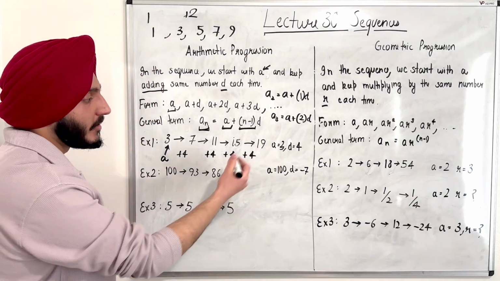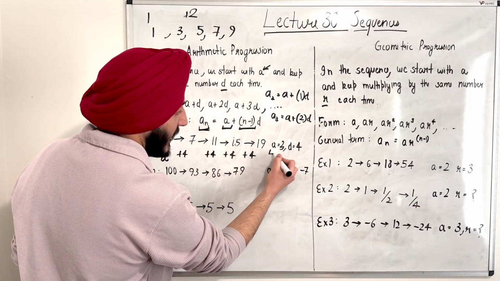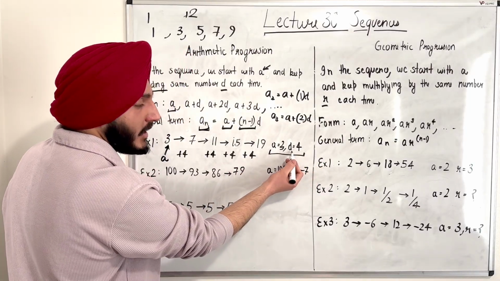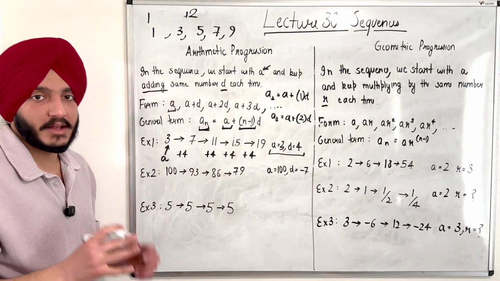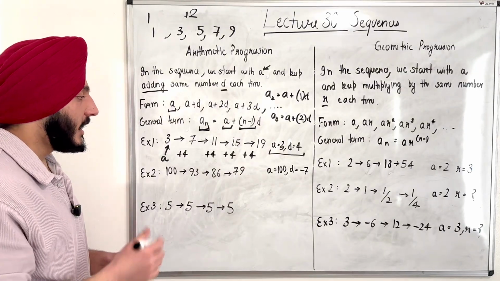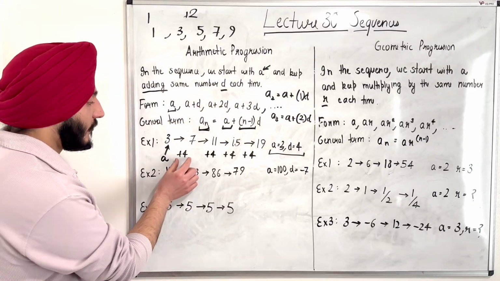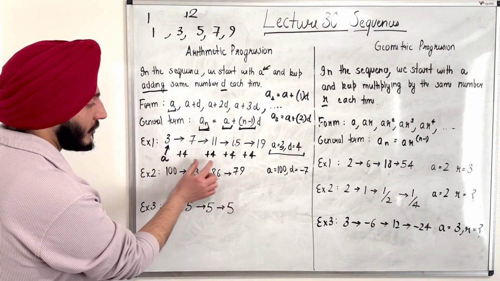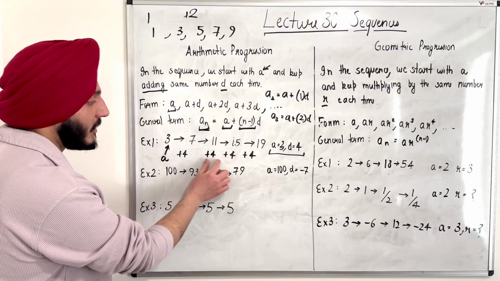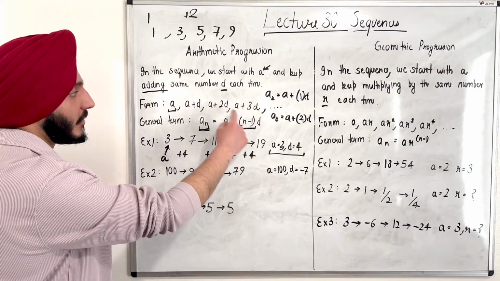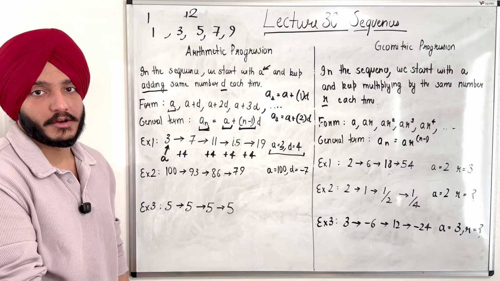So in this case, our a would be 3 and the value of d would be 4. This is very simple to understand. In each single case, we keep on adding d. So in the first case we added 4, second we added plus 4 again, plus 4 again, plus 4 again.